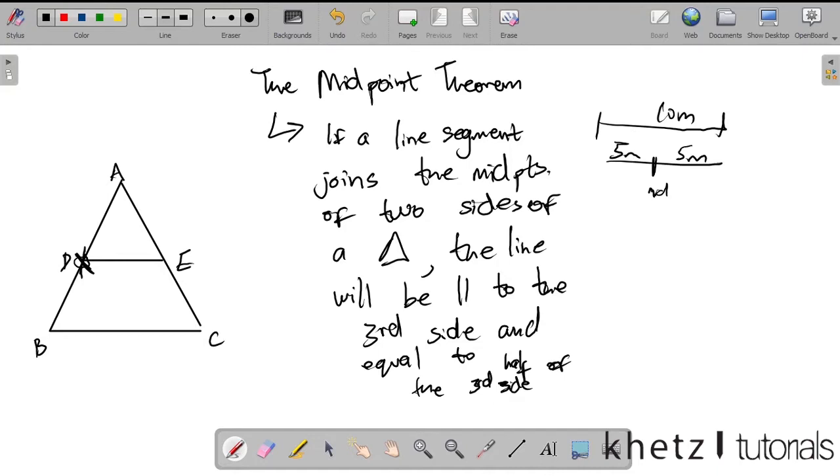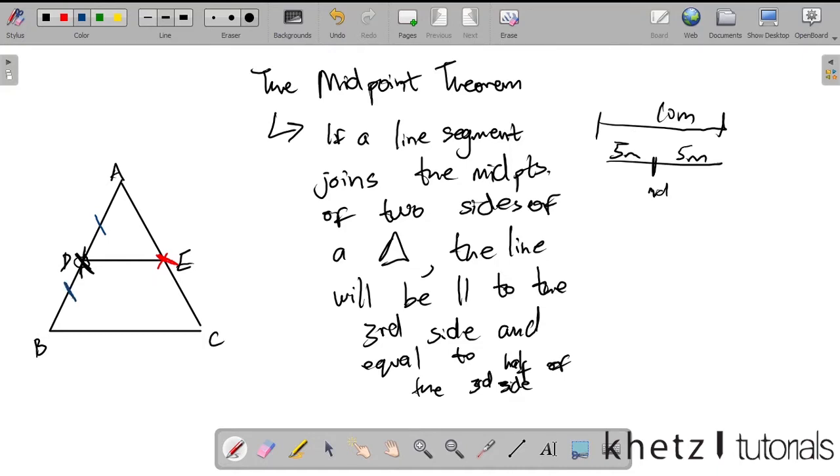So the theorem says if a line divides AB and AC at the midpoints, then to indicate that the sides are equal, we use the same number of slashes. If D is the midpoint, it means that AD and BD are equal.